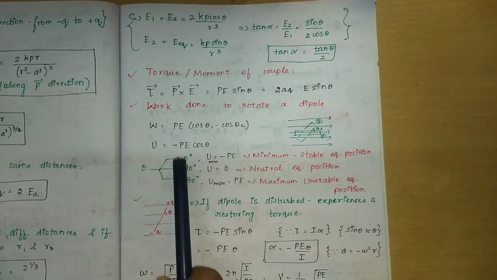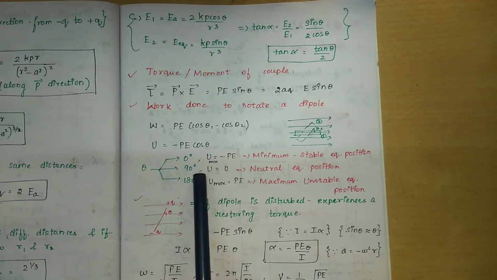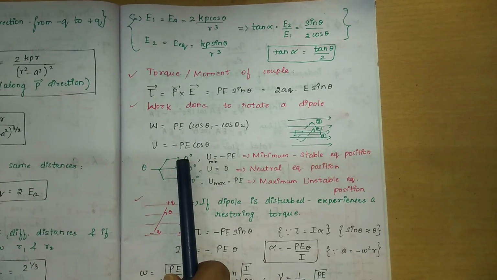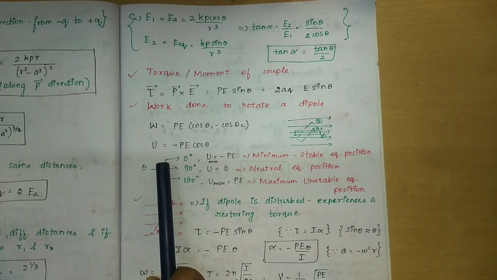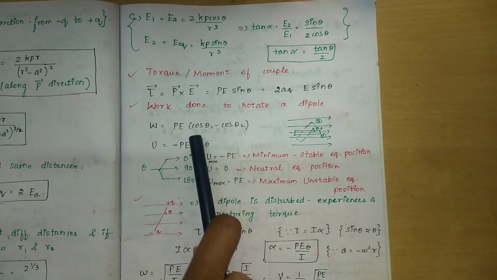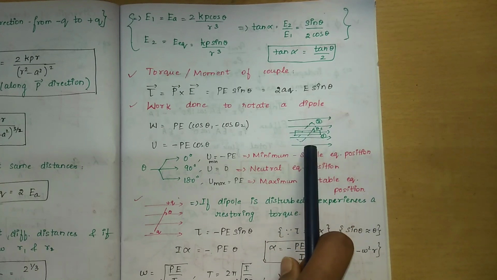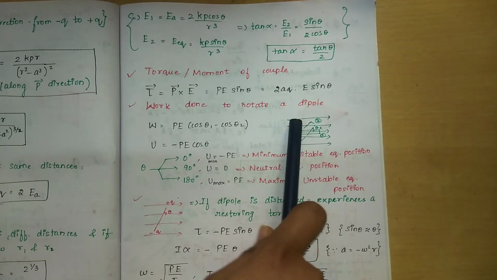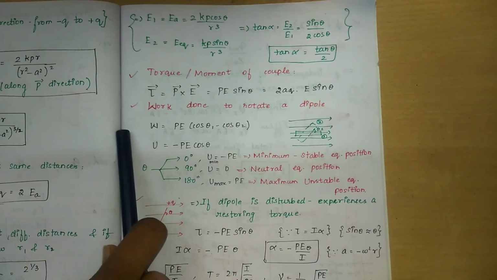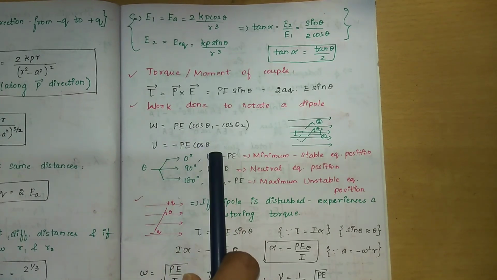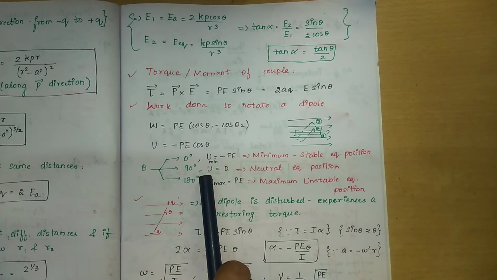Then potential energy is the negative, minus pE cos theta. This is the potential energy. From the electric field you are rotating, so we should take theta 1 as 0 degrees first.